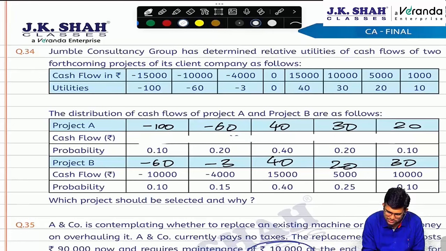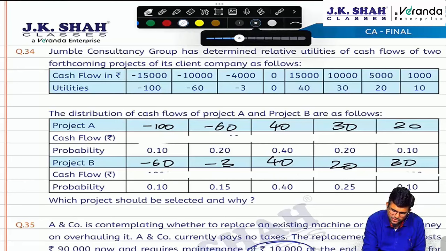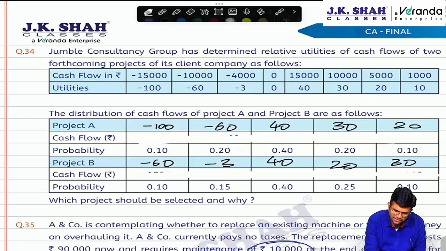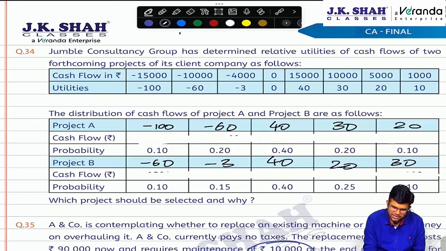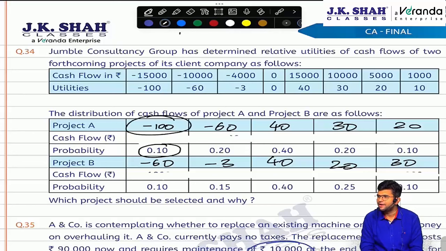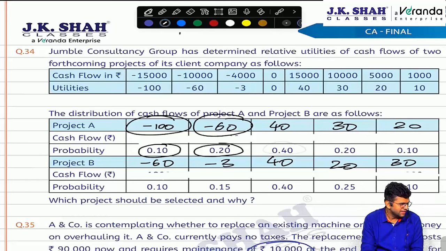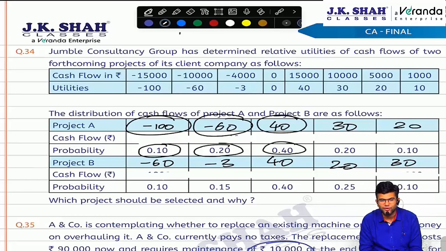Okay. Now, once you have this, students, there is a 10% chance that you will be dissatisfied 100 units. There is a 20% chance you will be dissatisfied 60 units. 40% probability, 40 units.